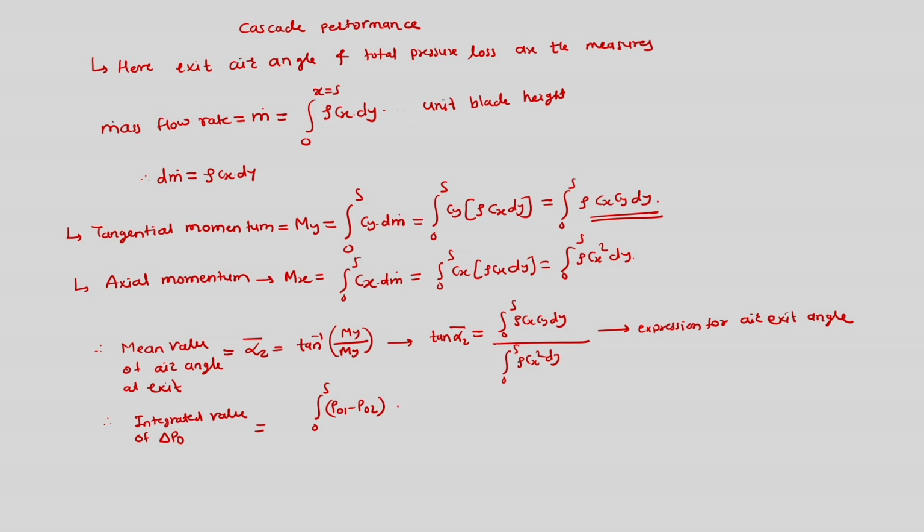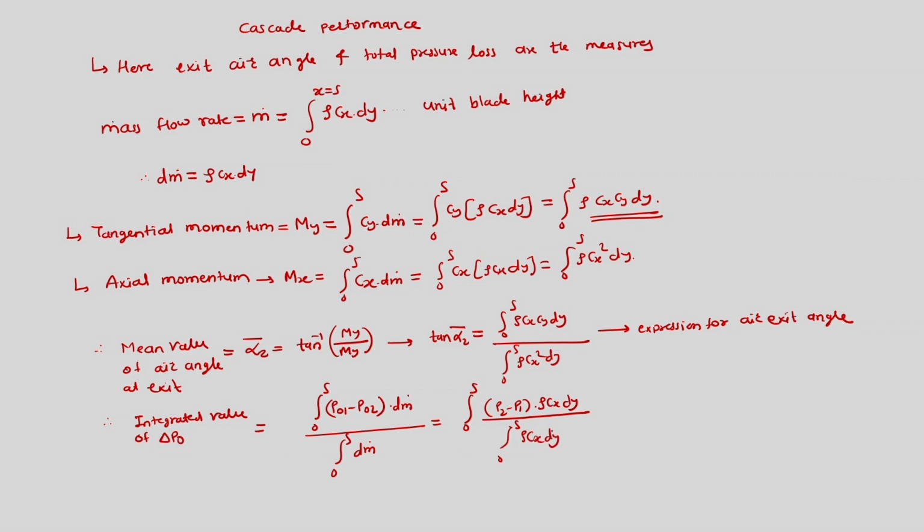So it is P01 minus P02 into dm dot divided by the integral of dm dot. So we have the integral from 0 to S of P naught 1 minus P naught 2 into rho Cx dy, that is dm dot, divided by the integral of rho Cx dy.